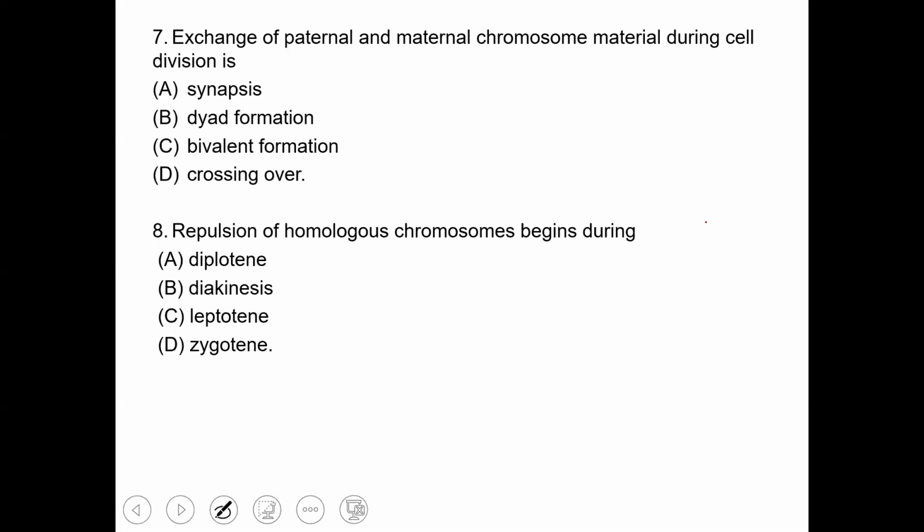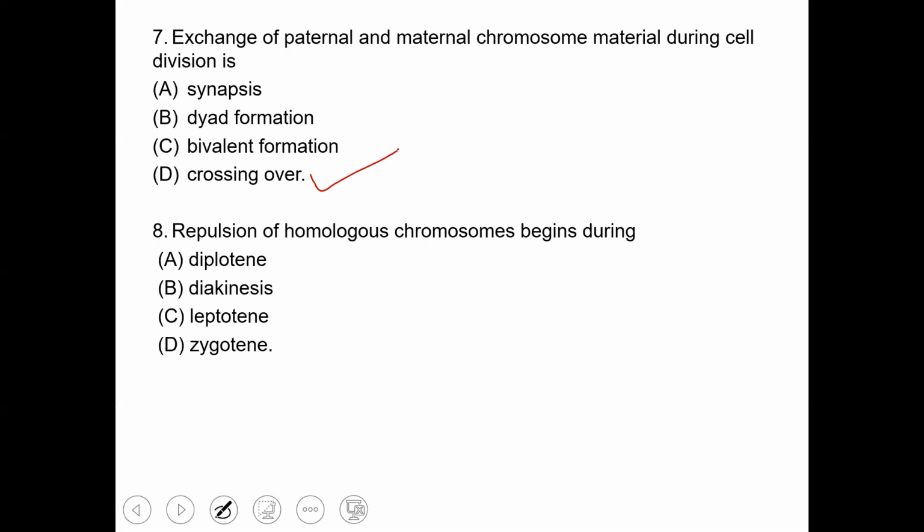Exchange of paternal and maternal chromosome material during cell division is in which stage? Synapsis, dyad formation, bivalent formation, crossing over. So we all know that the exchange of genetic material between the paternal and maternal chromosome will take place during the crossing over. So henceforth it is option D.